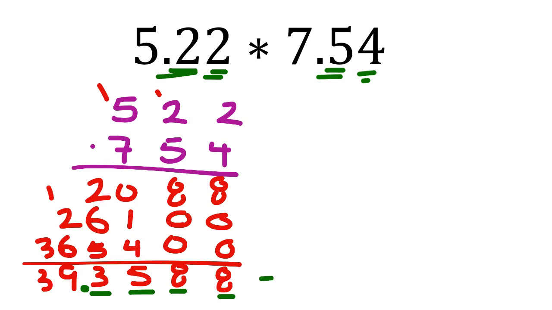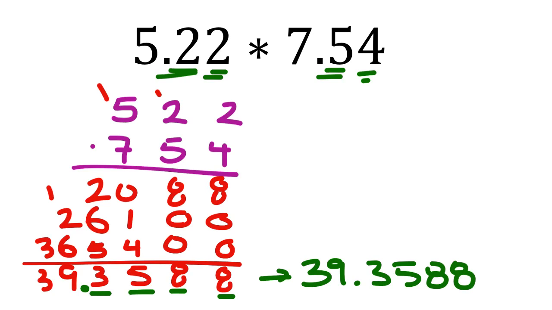So this final answer ends up being 39 and 3,588 ten thousandths. Now again, that's assuming I did this math correctly, but let's take this to the calculator and check. The calculator has confirmed that we did that correct.